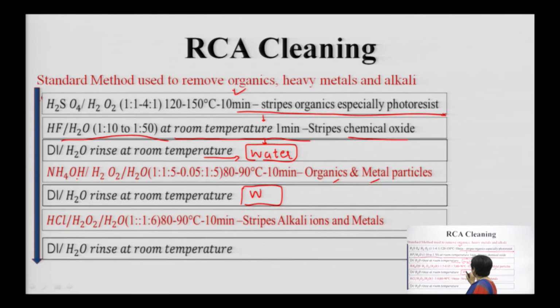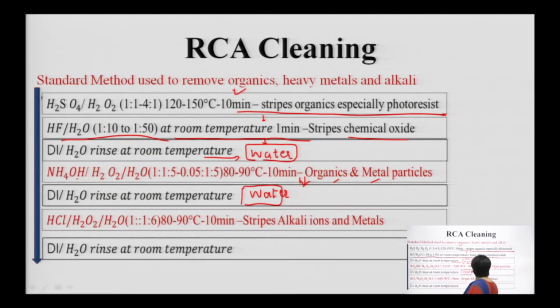This water is again coming over here, because unless you clean with water, the residues of this particular process cannot be eliminated. Again, implementing the second stage of cleaning, you are washing away all the residues of those cleaning processes also using water. Then third, you are having hydrochloric acid, that is HCl, that is SC2 I am talking about.